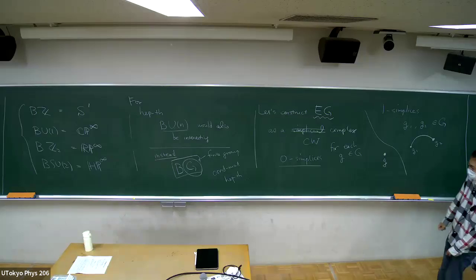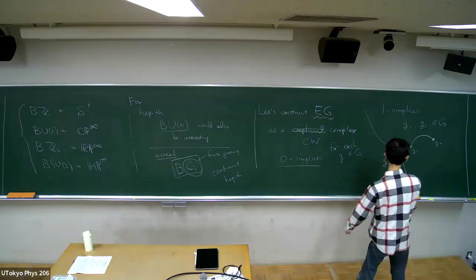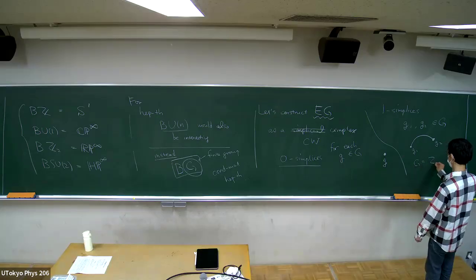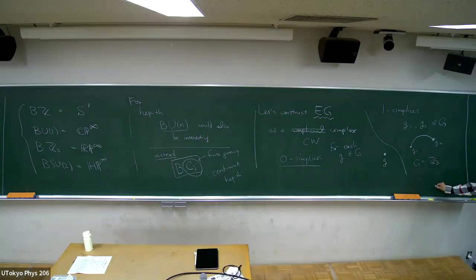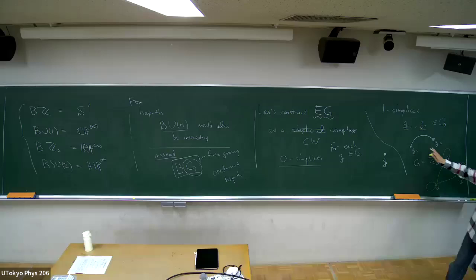So when G is, say, Z3, there are 3 points, and then I introduce edges for all of them, but I also introduce loops because I'm allowing all possible elements from G. So that's what you do.